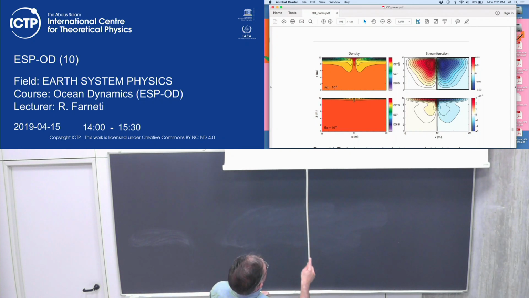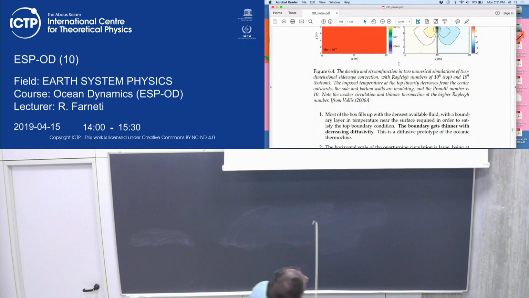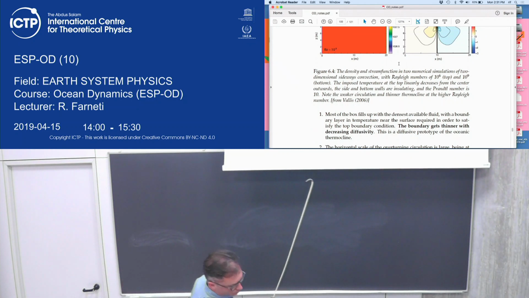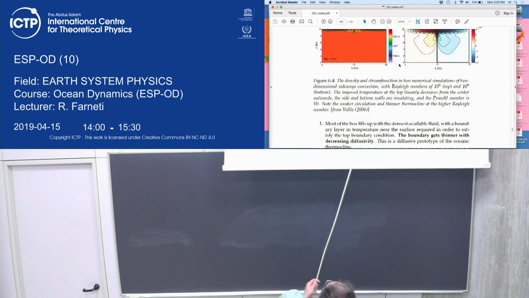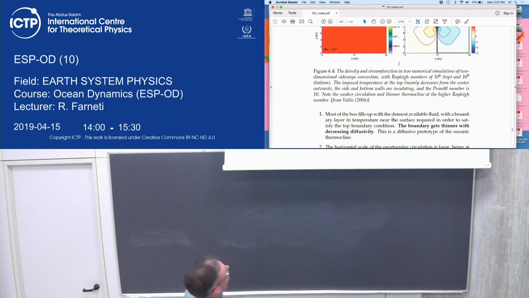Most of the box is filled with this very dense water, and there is a boundary layer in temperature, which is our simple thermocline. This boundary layer gets thinner with decrease in diffusivity.